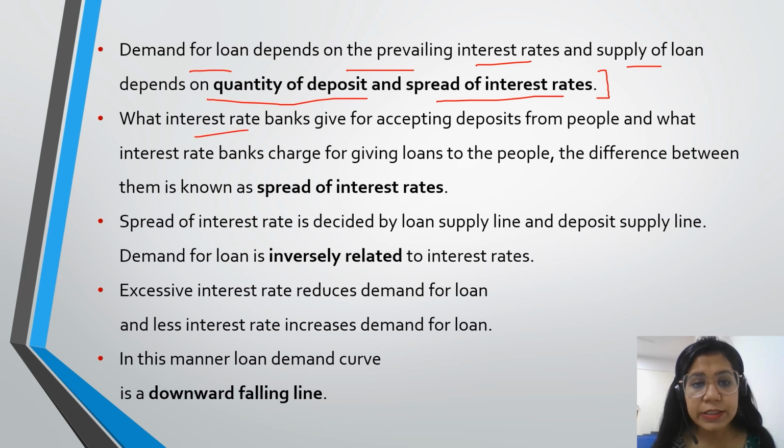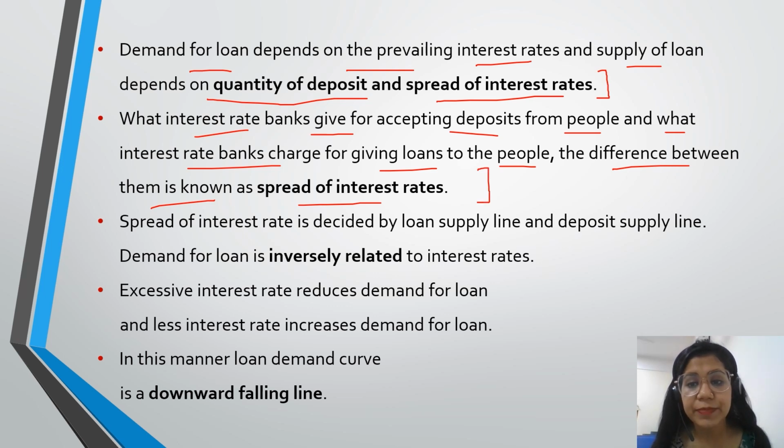See what interest rate banks give for accepting deposits from people and what interest rate banks charge for giving loans to the people. The difference between them is known as the spread of interest rates. As I just discussed that there is a difference in the interest rate and this spread helps them to get profits. So spread of interest rate is decided by the loan supply line and the deposit supply line.